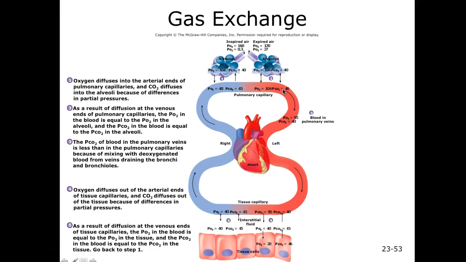As we are moving through our pulmonary veins, we are going to see that the oxygen partial pressure is going to drop, because this blood starts to mix in with the deoxygenated blood that we are draining from the bronchi and the bronchioles themselves. Remember, we talked about bronchial circulation in a couple previous slides.